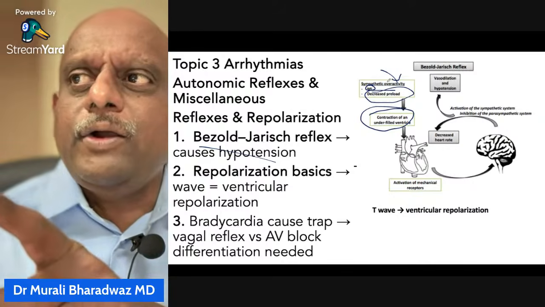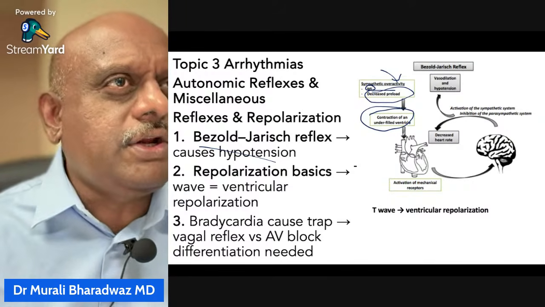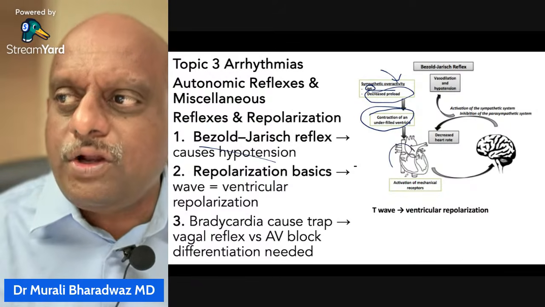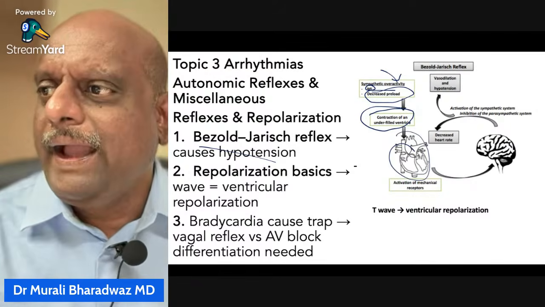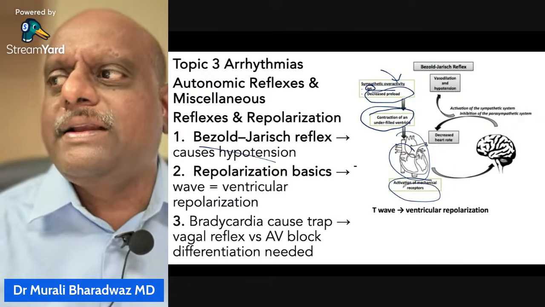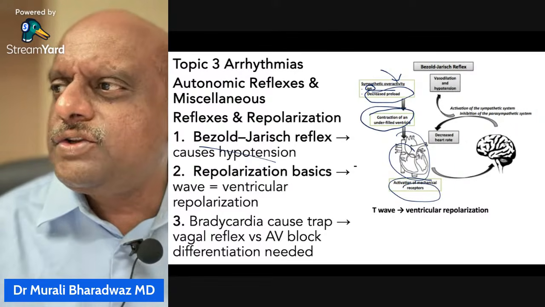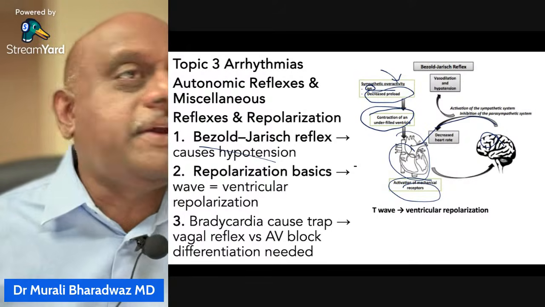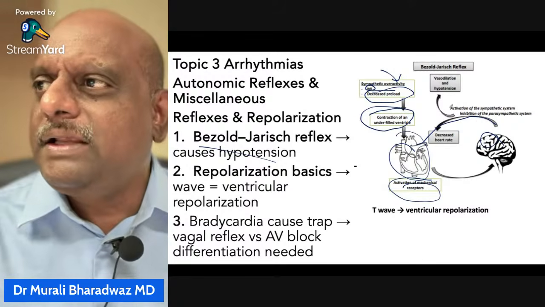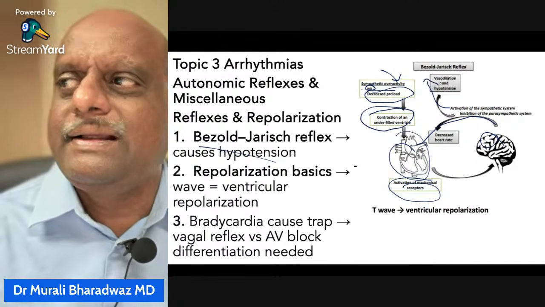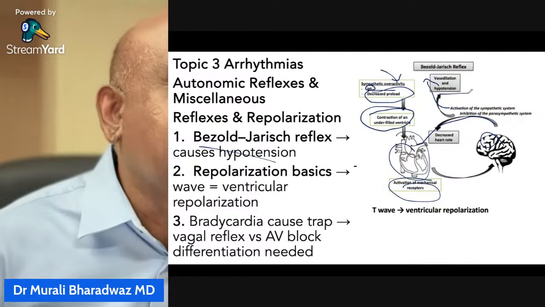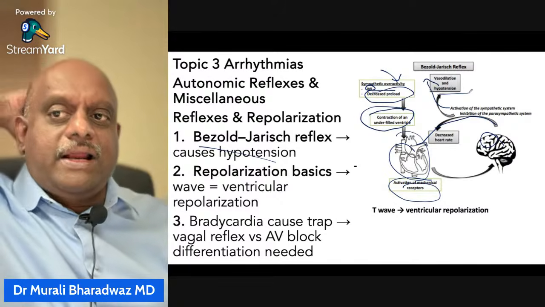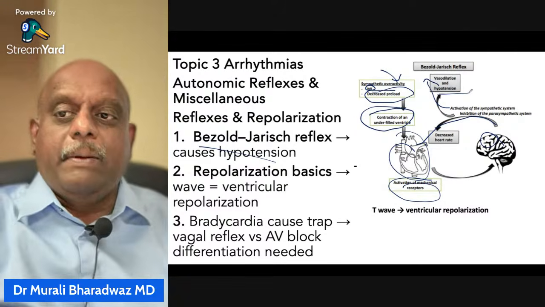But sympathetic overactivity is causing stimulation of heart rate that leads to the contraction of an underfilled ventricle. And that in turn will activate the mechanical receptors, which will go and stimulate the vagus. And that parasympathetic stimulation will decrease the heart rate. At the same time, it leads to vasodilatation and hypotension. And this entire cycle is called the Bezold-Jarisch reaction, is what we need to basically remember.